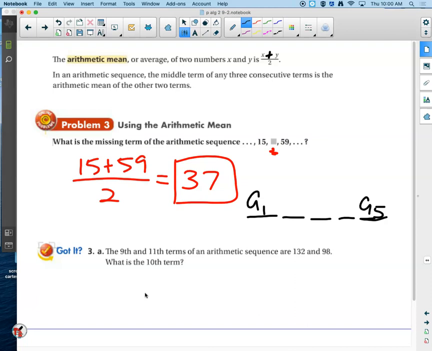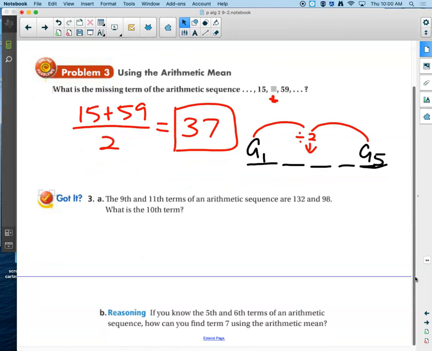But if they tell you to use the arithmetic mean, what you're going to do is add these two together and divide by 2 to get the middle term. And then you'll do it 2 more times, because now you have another 2 sets that will have first term and third term, and you'll be able to use it. So we have different ways of doing this once we use the rules. If we want to keep using our formula, we certainly could do that, but we can also use the arithmetic mean.